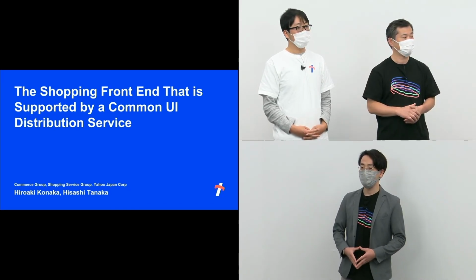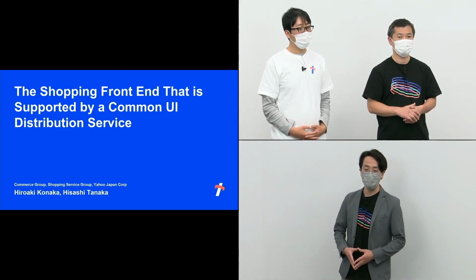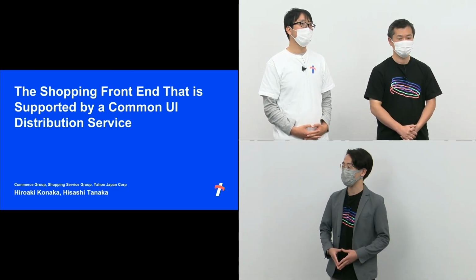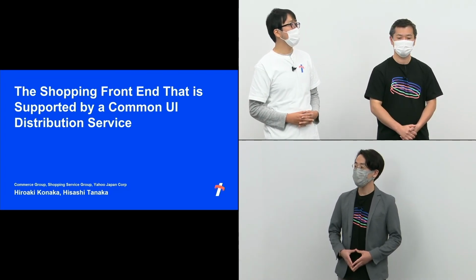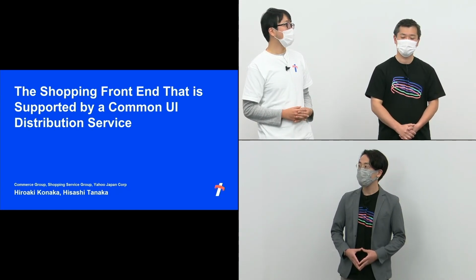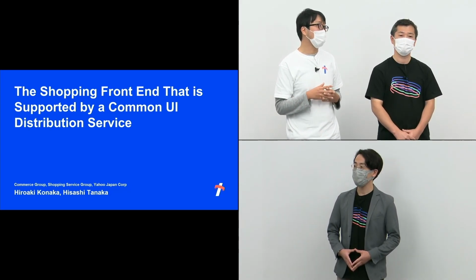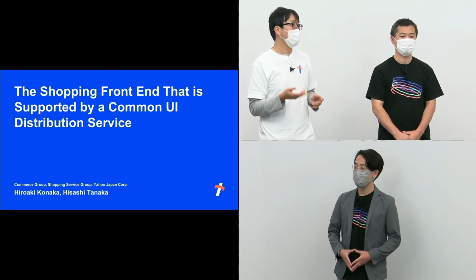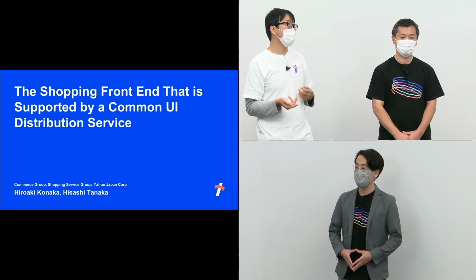Next question. The common UI, without specifying the version, making it easier to distribute was mentioned. But is choosing a certain version to use possible? Well, so far, basically, we do not have such operation. Say that there is a disruptive change and the version needs to be changed, and the implementation timing on the client side is different, so we can do this in an arbitrary manner.